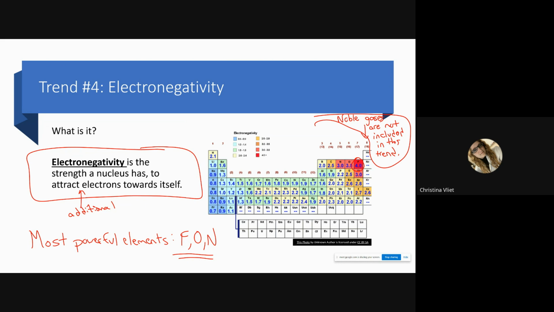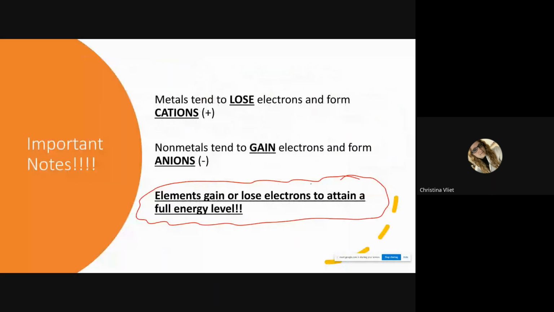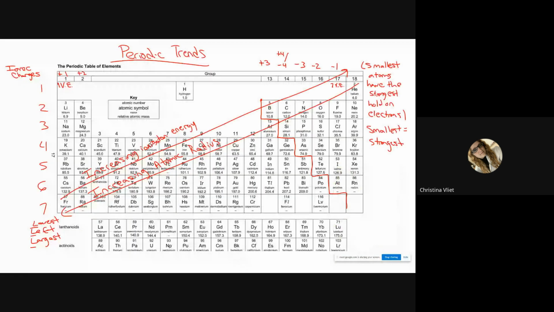So we're going to go back to the periodic table one more time to mark that final trend. Let's go mark our final trend, which is electronegativity. And you can actually just put here increasing ionization, increasing electronegativity. And then what do we know about electronegativity?